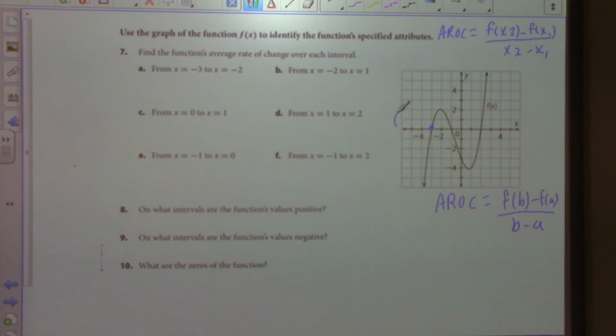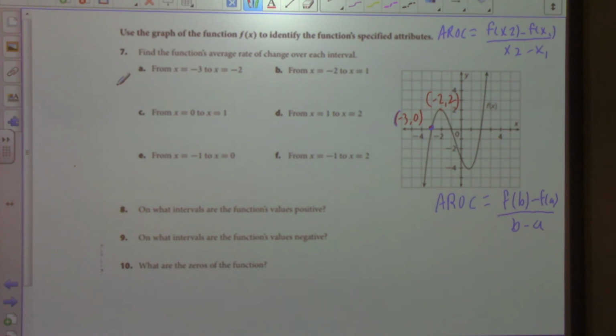So here we have our coordinate pair, I'm going to write down as -3, 0. Is that right? So that'd be this point right here. And then for x equals -2, we're right here. So we have -2, looks like 2, right?